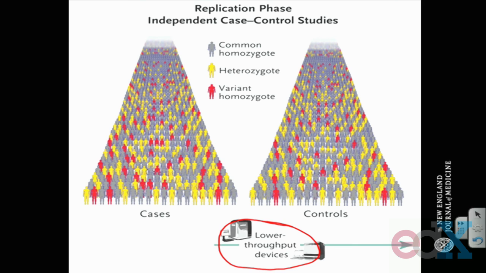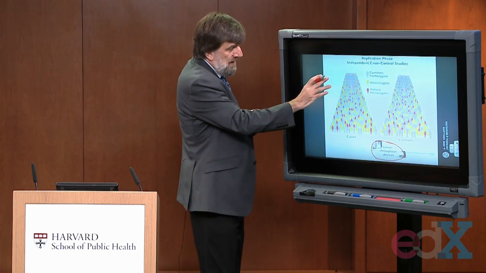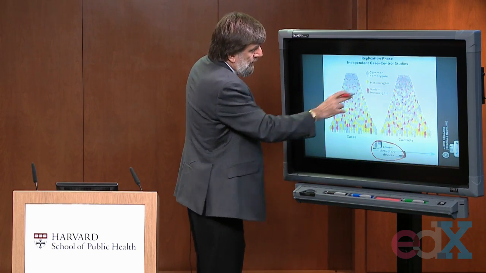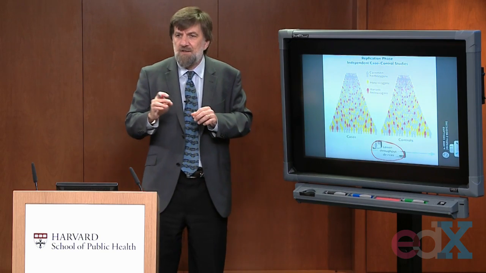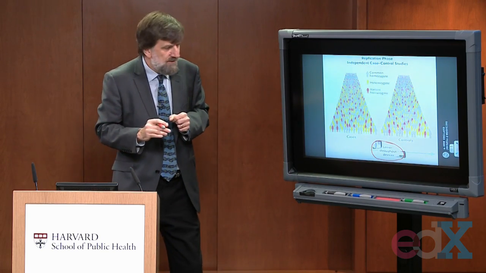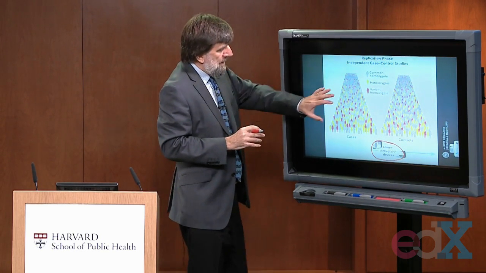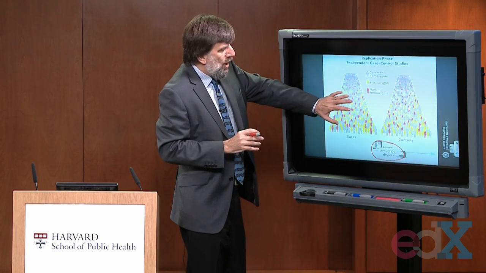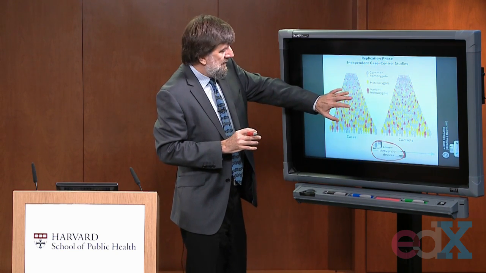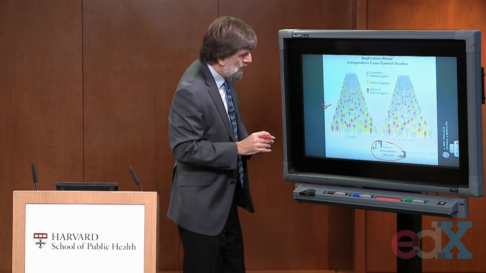But this time, we're not looking genome-wide. We're looking at the places in the genome where we got these initial hints because we had variants that had extreme p-values. And so again, at each variant, we sort people into the common homozygote, heterozygote, variant homozygote, and we're looking for variants that are more common or less common in the cases versus the controls.